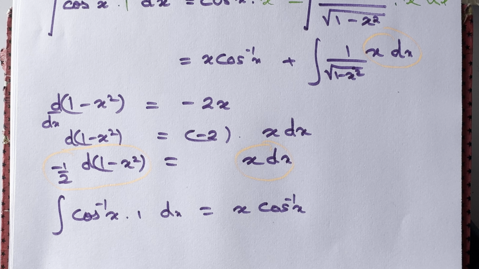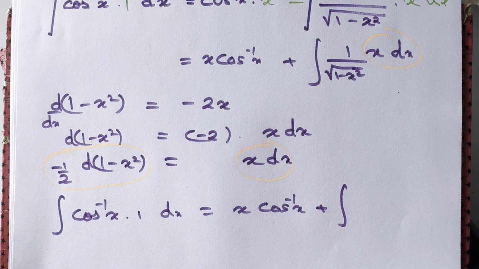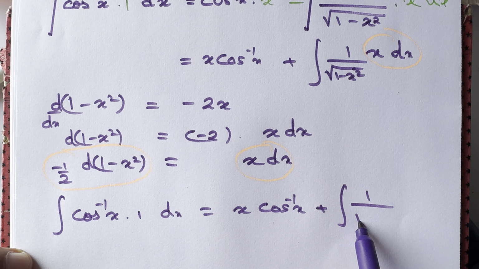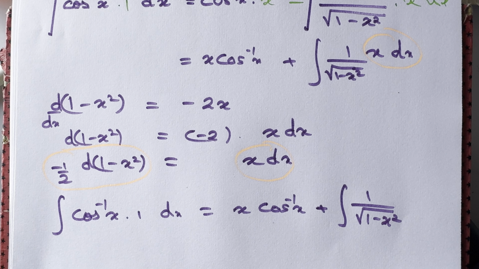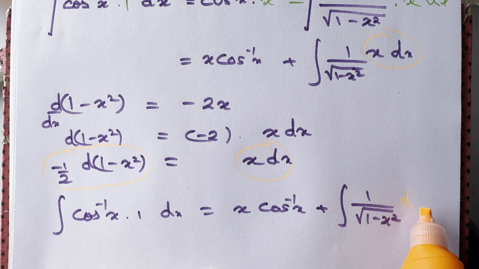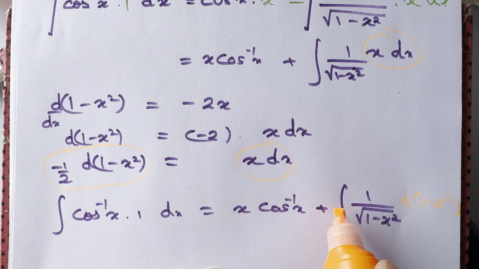Let's do it. Plus the integral, we copy 1 by root over 1 minus x square as it is, and x dx we simply write as d of 1 minus x square, of course along with minus half, which we can write outside of the integration.